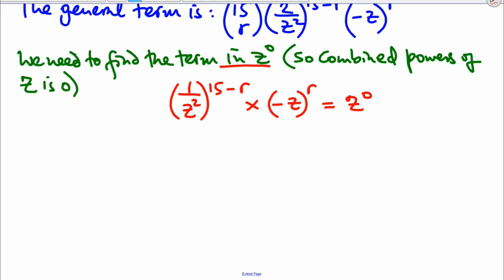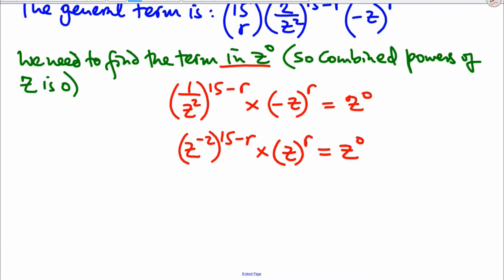Just by using laws of indices, this will be z to power negative 2 times (15 minus r), multiplied by z to power r. We don't have to write negative z; we can just write z, because the negative does not have any effect. This equals z to power 0.